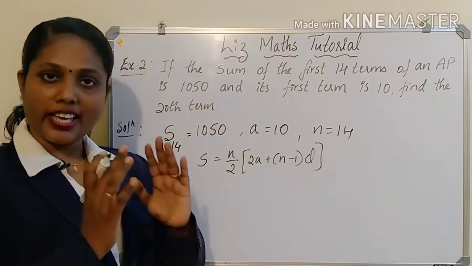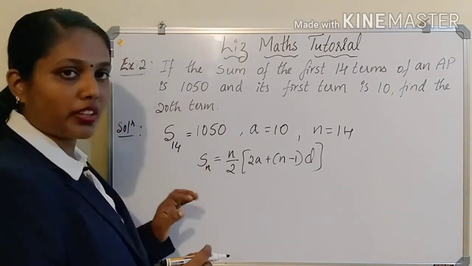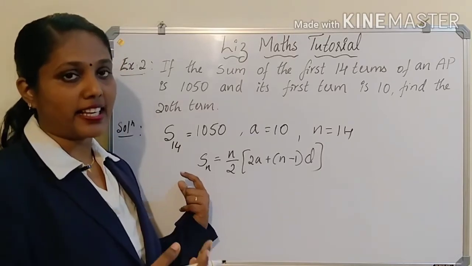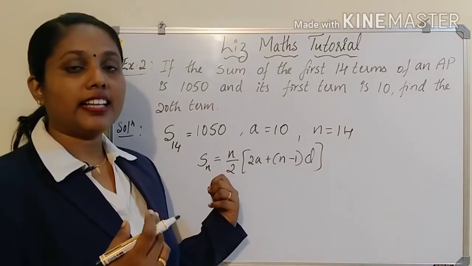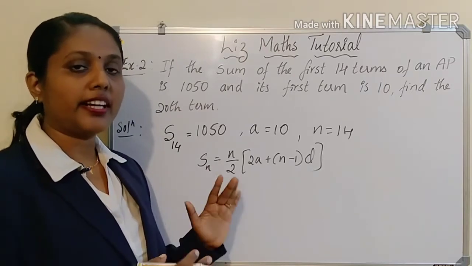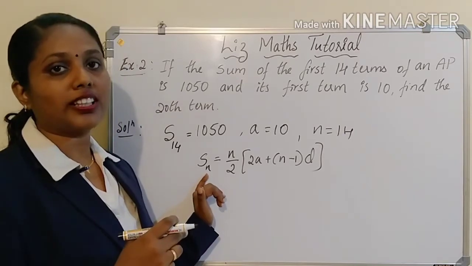The sum of the n terms. So you can write this as Sn also. In the previous problem also you can write Sn. In the previous problem n was how much? The total 22 terms. So you can write S22.